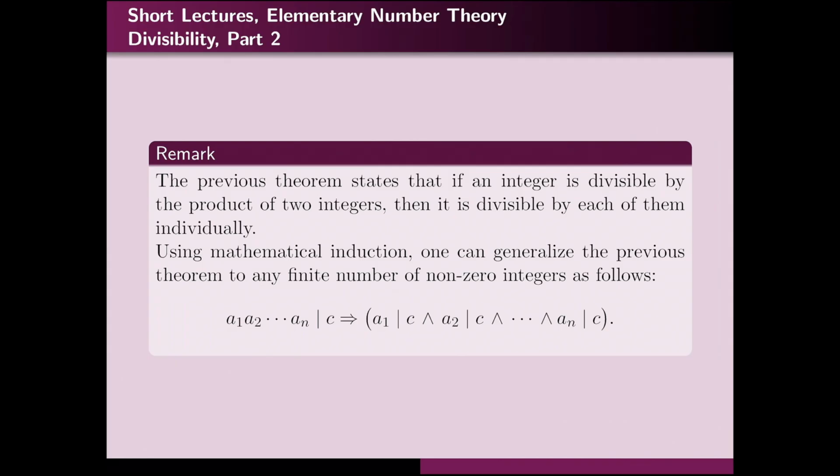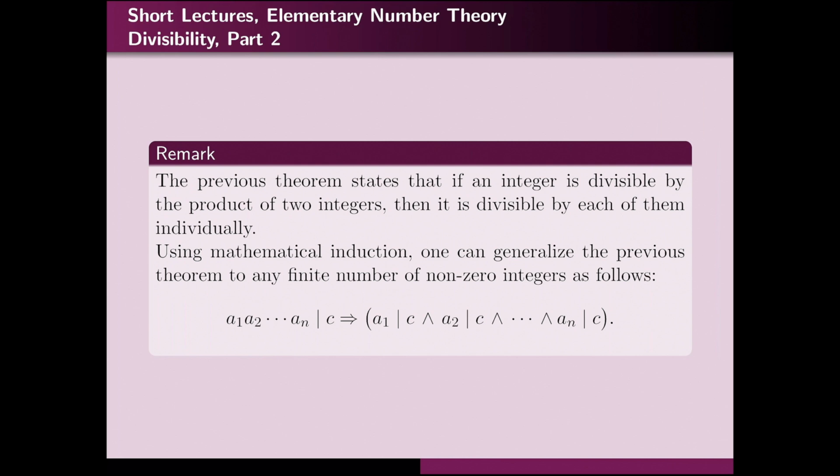Okay, as a remark, this is simple, yes? What does the previous theorem mean? The previous theorem states that if an integer is divisible by the product of two integers, then it is divisible by each one of them individually. Of course, using mathematical induction, you can generalize the previous theorem to any finite number of non-zero integers as follows.